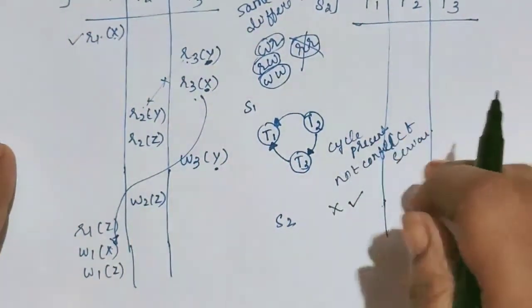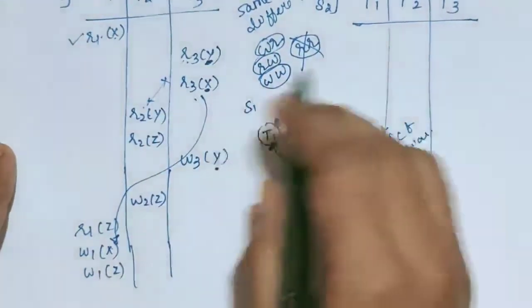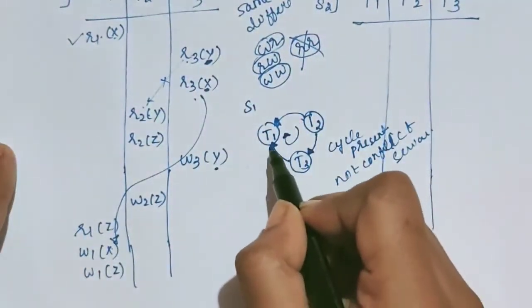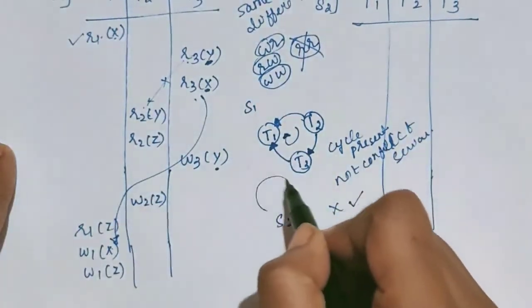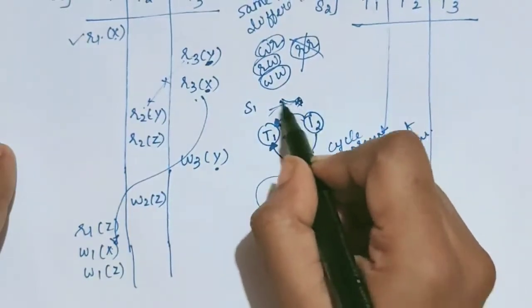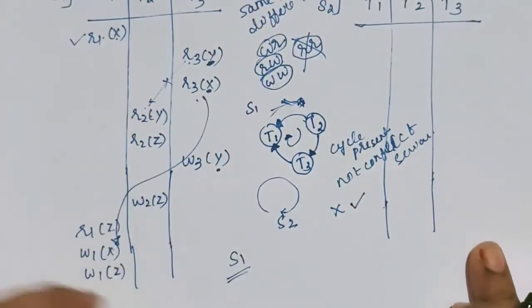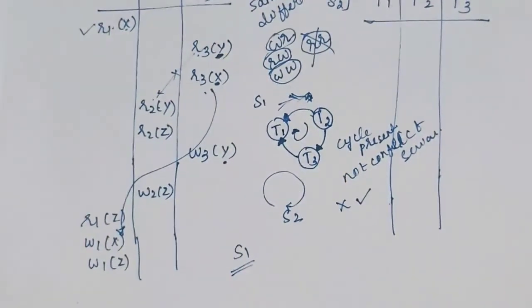As here there is no cycle, see the direction. Suppose it was like this, then it is a cycle, but here there is no cycle present, so this schedule S1 is conflict serializable.